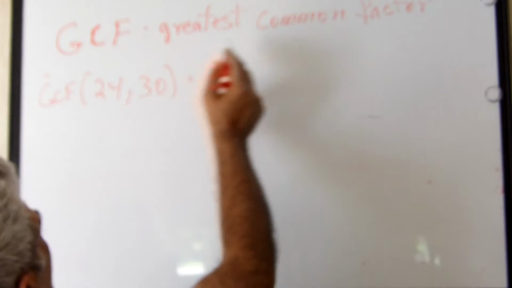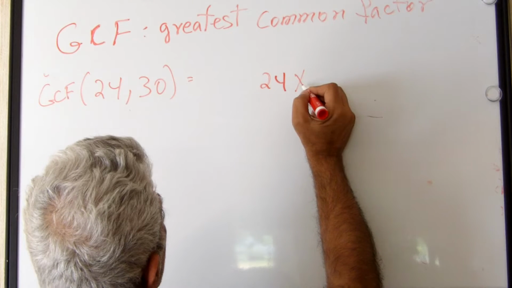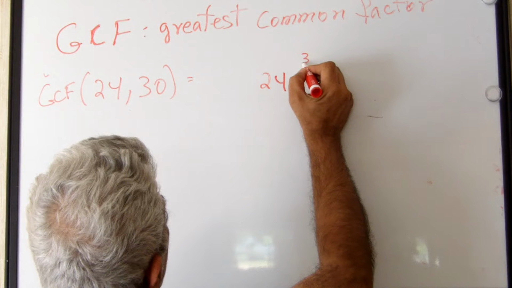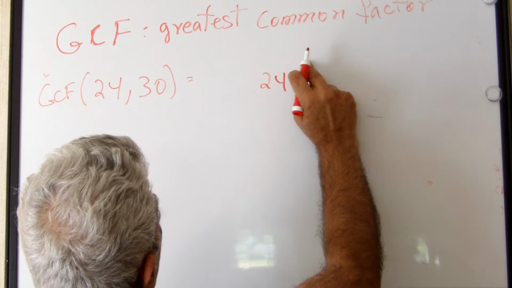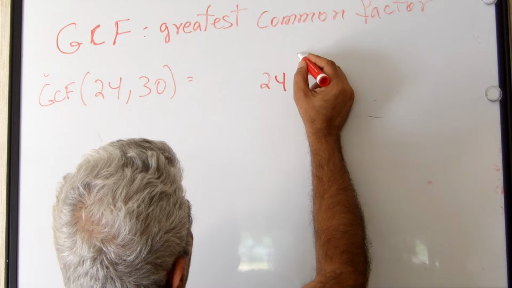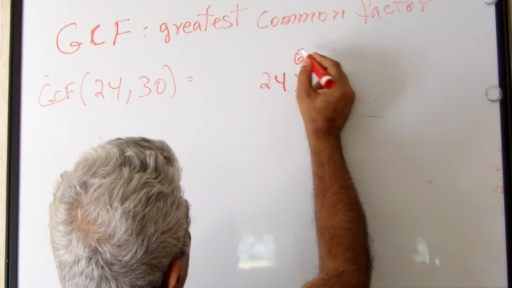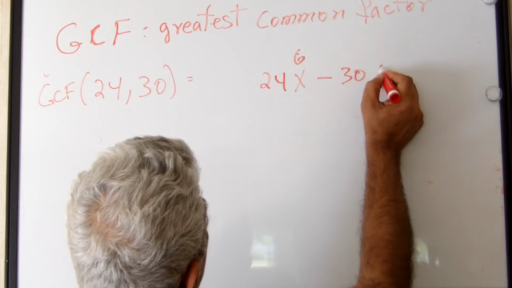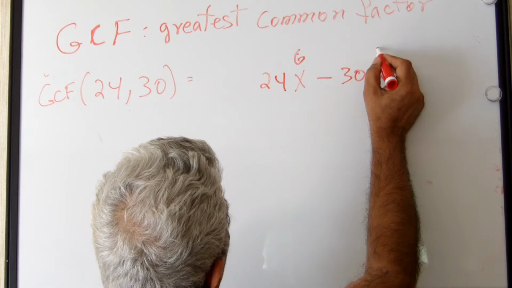GCF is the greatest common factor. What you do is write the factors for these two numbers. For example, you want to simplify the expression 24x to the power of 6 minus 30x to the power of 5.